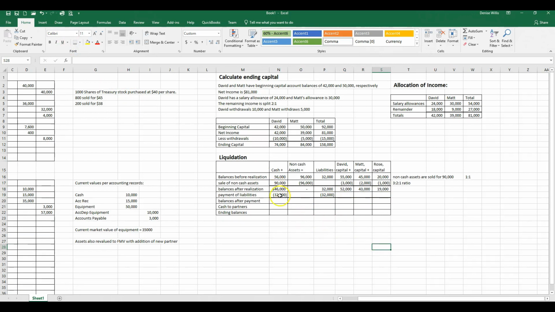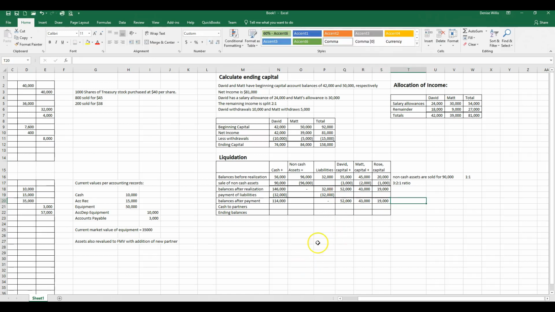Okay, so we had 146 in cash. We just paid off 32,000 in liabilities, so we're going to subtract this 32,000 and get 114,000 left in cash. This is now 0. The capital is still 52,000 for this person, 43 for this one, and 19 for this one.